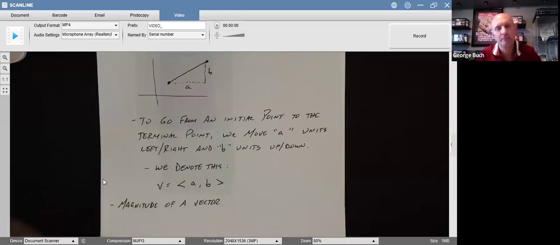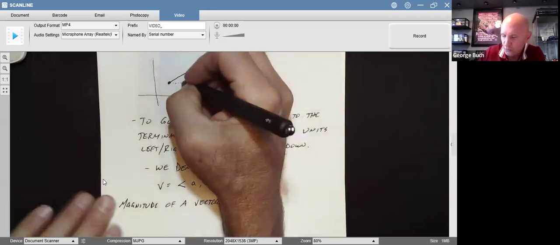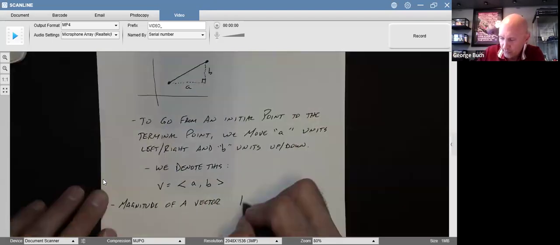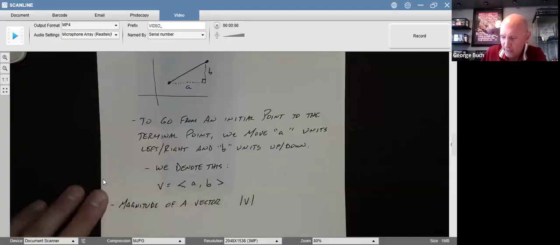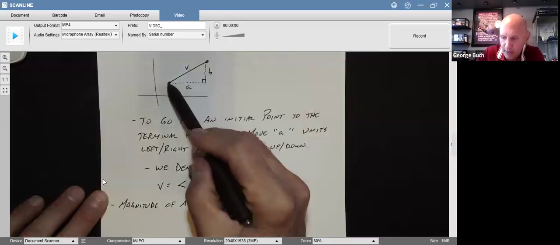Pythagorean theorem, our modulus, our radius, all of that. If I want to know this magnitude, and we denote this with an absolute value symbol, so this means the magnitude of V. So if this is my vector V up top here, how long is this?